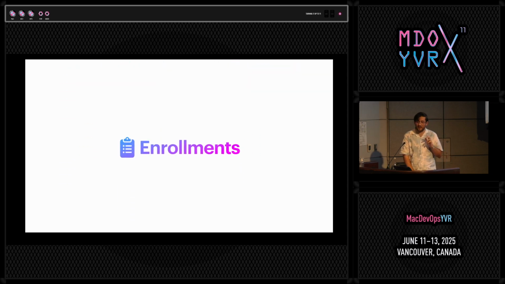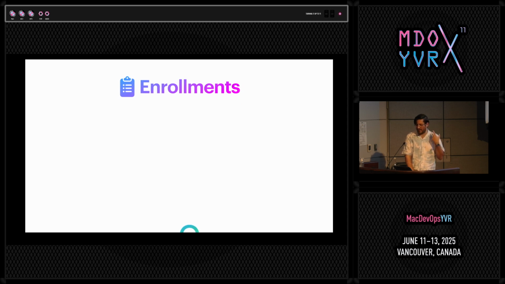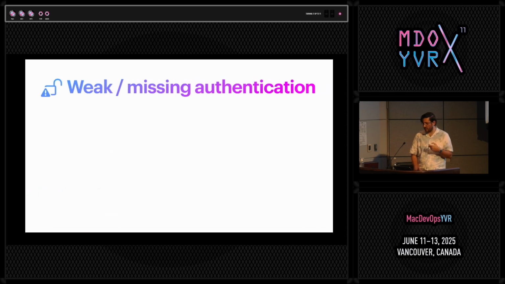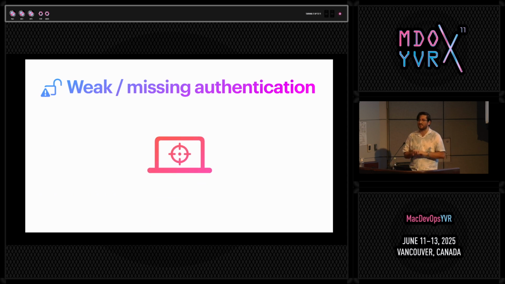So now let's look at enrollments. For enrollments, there's only one fairly obvious one: weak or missing authentication. The general issue is this. There is a malicious machine somewhere in the world, and this machine is trying to get into your MDM itself.